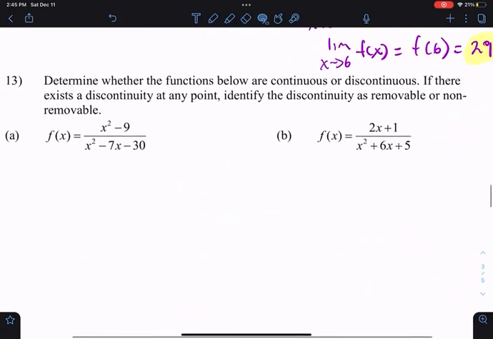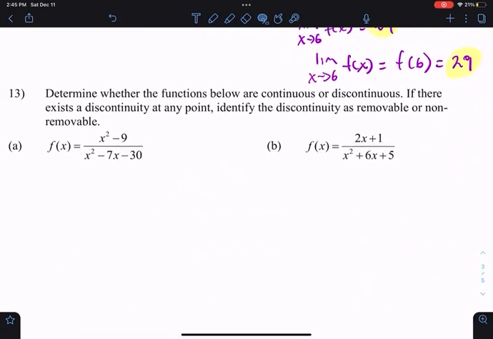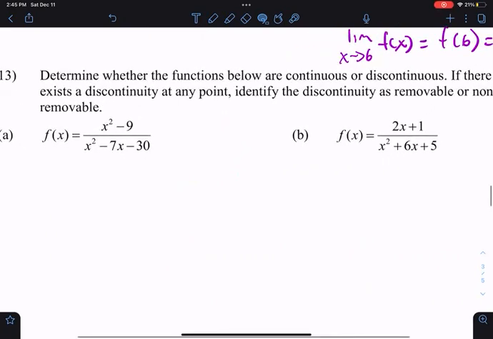So here they're asking you, determine whether the function below is continuous or discontinuous. If there exists a discontinuity at that point, identify the discontinuity as removable or non-removable. So I explained that before. I need to check what happens here, right? So I have to factor this out, x plus 3, x minus 3.